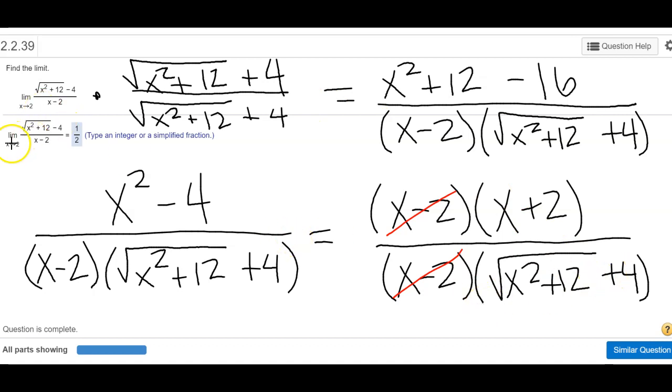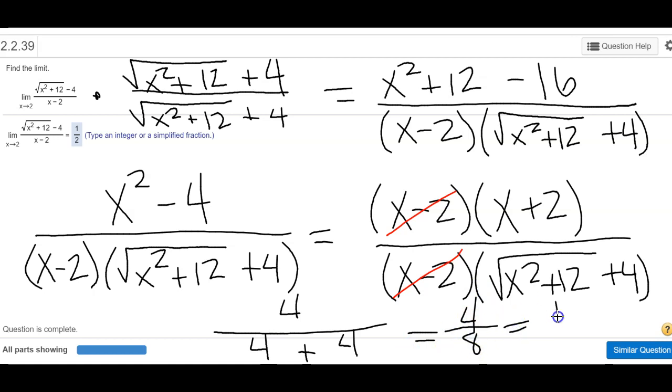And now when x goes to 2, I can simply put a 2 in there, and I'll have 2 plus 2 is 4 on the top, divided by, on the bottom, 2 squared is 4, 4 plus 12 is 16. The square root of 16 is 4. So on the bottom, we'll have 4 plus 4, which is 8. 4 over 8 reduces to a half.